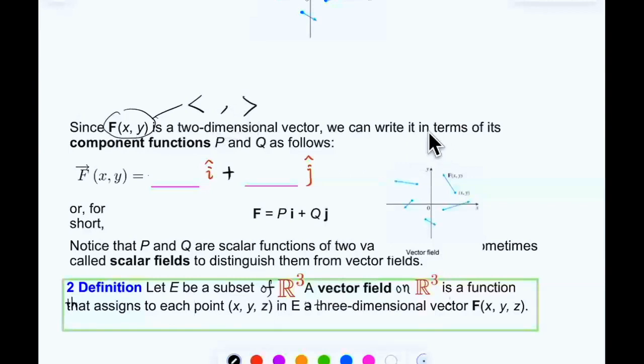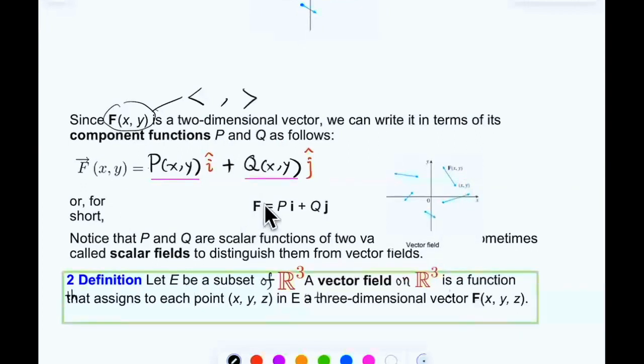We can write it in terms of its component functions P and Q. So you have two components: one along the i direction, the other along the j direction. Along the i direction, we have this function P of x, y, and along the j direction, Q of x, y. This vector field is equal to Pi plus Qj.